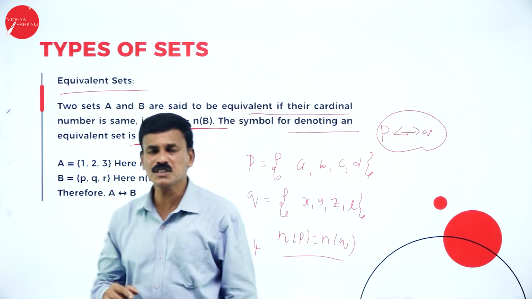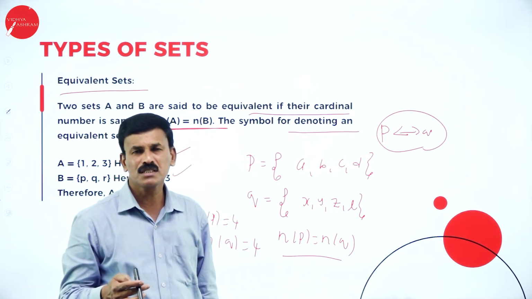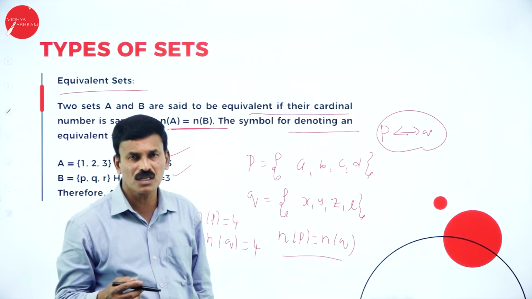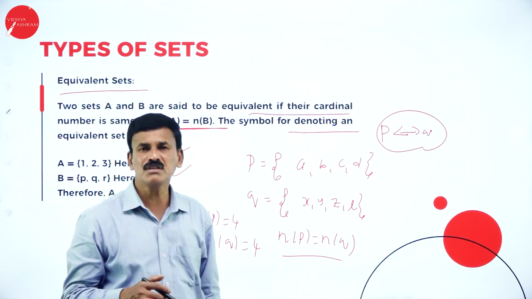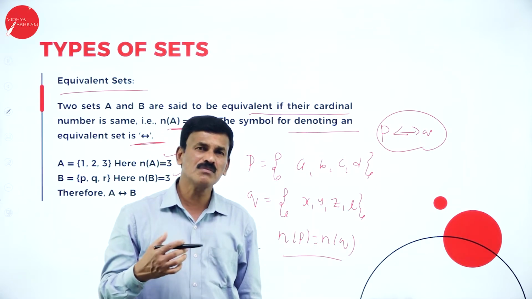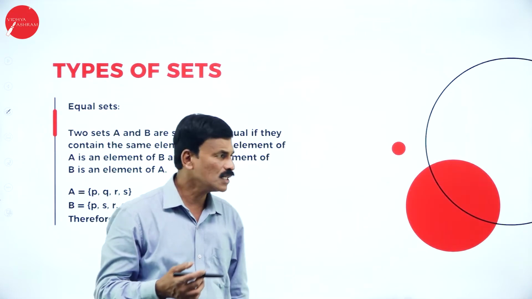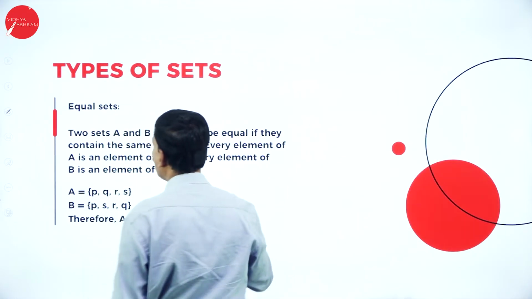So, an important definition: two sets are said to be equivalent if the number of elements in set A and set B are equal. If the cardinalities are equal, then they are called equivalent sets. Suppose the number of elements are the same and the elements are also the same, then let us come to that one: equal sets.